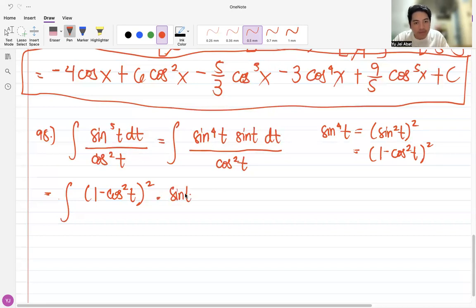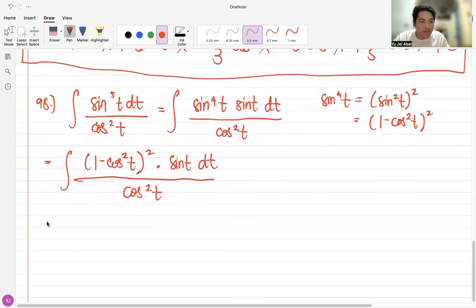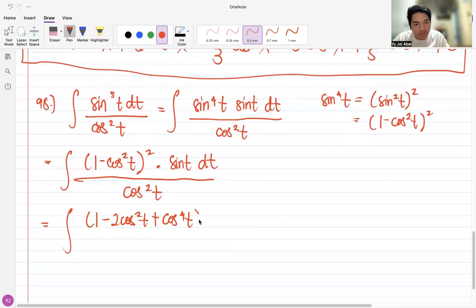So we have sine of t dt all over cosine squared of t. We have no choice but to expand. So to expand, we have 1 minus 2 cosine squared of t plus cosine raised to 4 of t, then we have sine of t dt all over cosine squared of t.